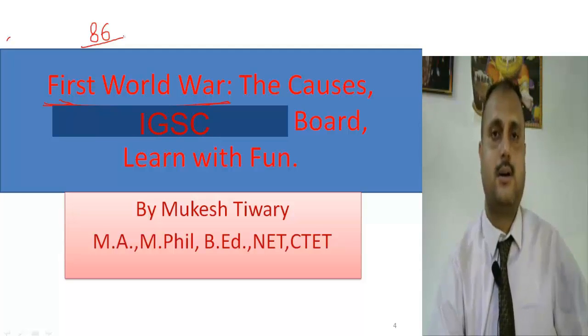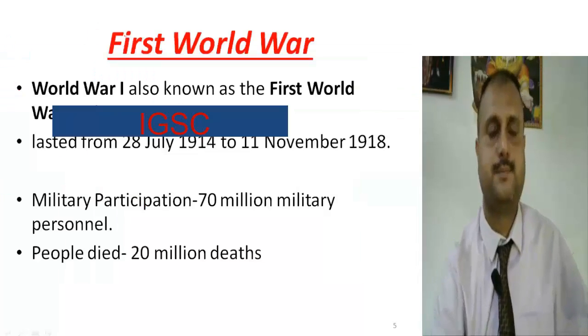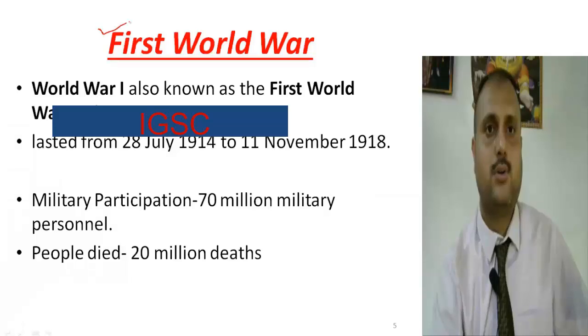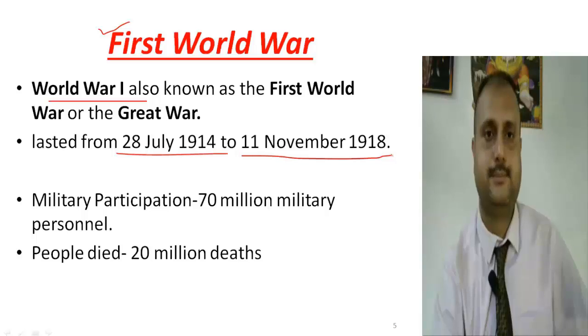So let's understand the main causes which were responsible for the First World War. It is also called World War I or the Great War. It started on 28 July 1914 and continued up to 11 November 1918.